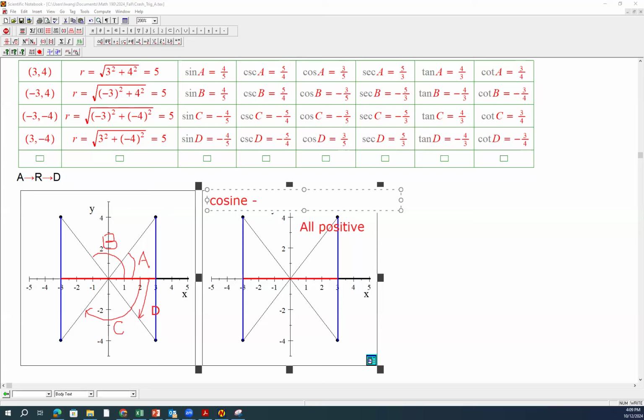Cosine is negative. Tangent is negative. Cotangent is negative. And what else? Secant is negative. And sine is positive.